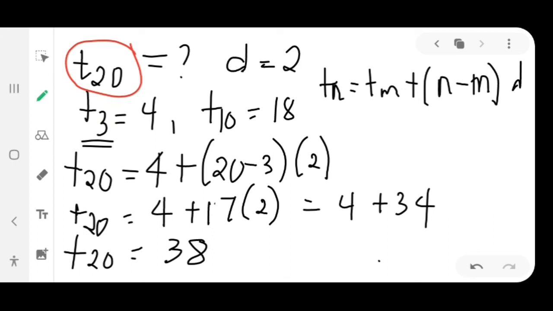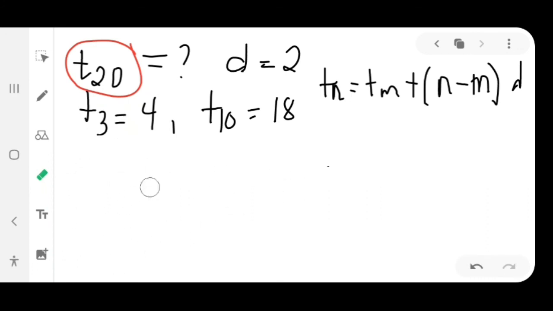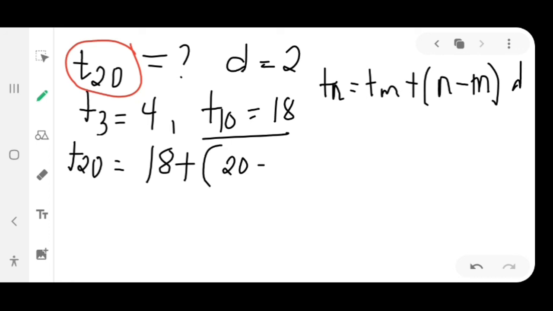Now let us solve t sub 20 using t sub 10. This time our lower extreme is t sub 10. So still we have t sub 20 is equal to, this is our t sub m, 18 plus 20 minus the position of 18, which is 10, times 2.